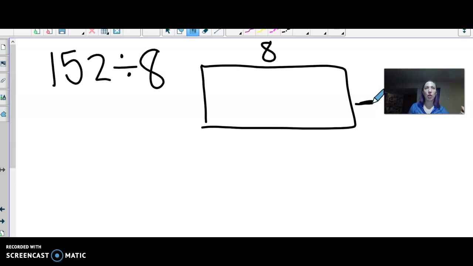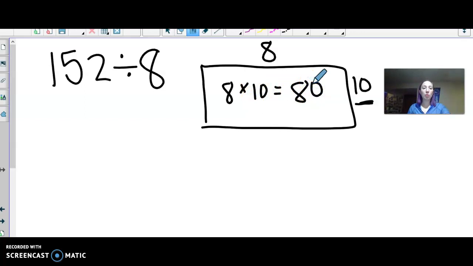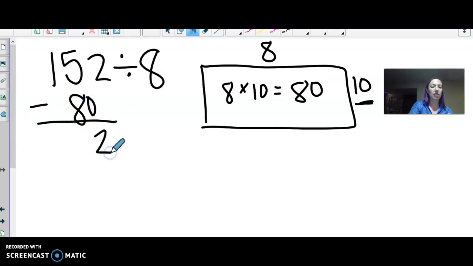Well, I could just try 10, 11, 12, but kind of like in the last lesson, we're going to do it in some groups. So I know if I did times 10, well, 8 times 10 is 80. Okay, we're not quite to 152 yet. So then, like before, I can subtract 80. 15 minus 8 is 7. So I still need to get 72 more.